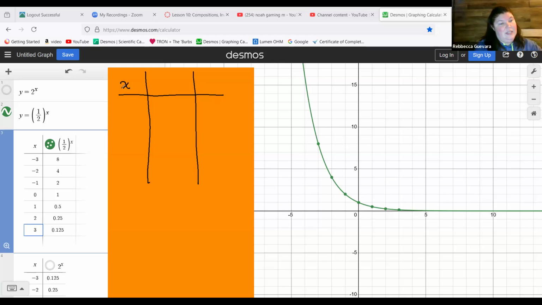Just as a reminder, when we had 2 to the x, -3 gave me 1/8, -2 gave me 1/4, -1 gave me 1/2, 0 gave me 1, 1 gives me 2, 2 gives me 4, and 3 gave me 8.